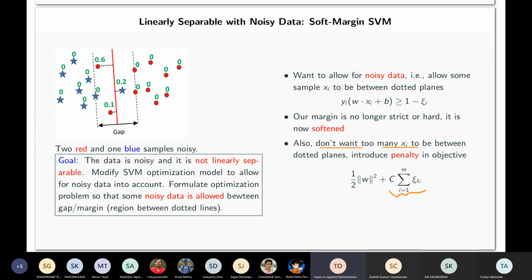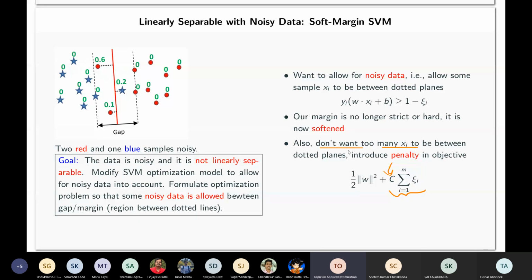Hence we will put a penalty here. So we don't want too many of these ξi, and then we put a constant here. So this is the penalty constant. Depending on the penalty, we will see how soft or how hard we want to make this. Okay, so if C is 0, then obviously it's not allowed, it's a hard margin basically. And as we increase this C, then we are allowing for more and more softness of the margin.